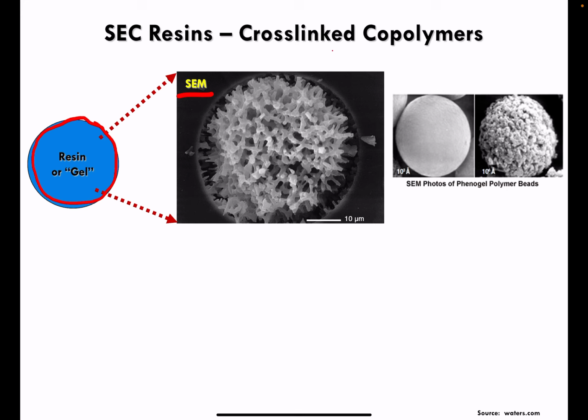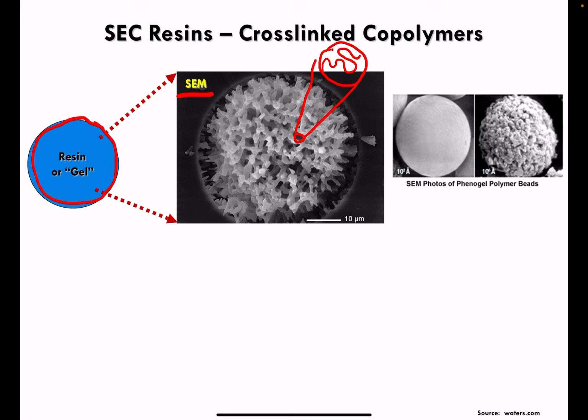So those hydrodynamic volumes that we saw just a moment ago with a chain inside would possibly interact with the pockets in one of these porous materials.